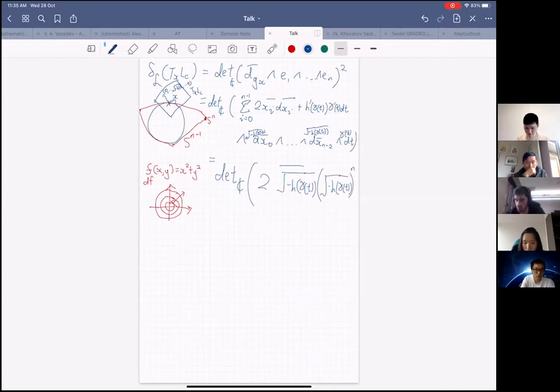N minus 1 times, because one of them I replaced by dt. So on my curve, I take one of the bases as the dt. So this is gamma t. I already reduced one, so I have n minus 1. And then what else do you get? You get gamma t.